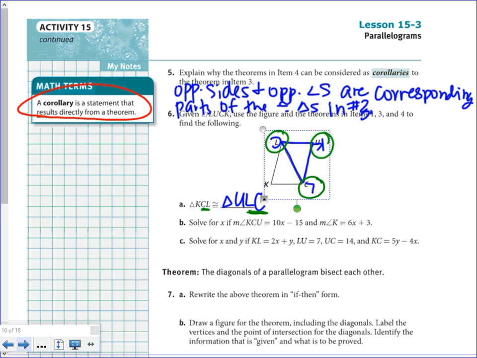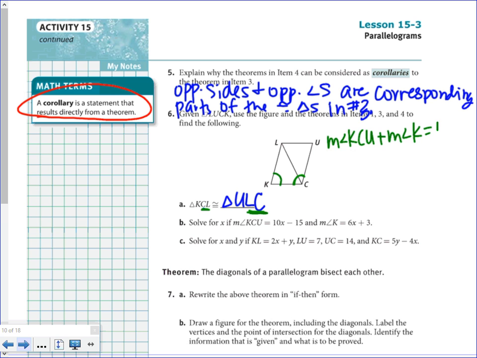So now we're going to look at B. They give you angles. Angle KCU and angle K. Well, those are consecutive angles in your parallelogram. So what that means is that the measure of angle KCU and the measure of angle K are supplementary, which means they equal 180.